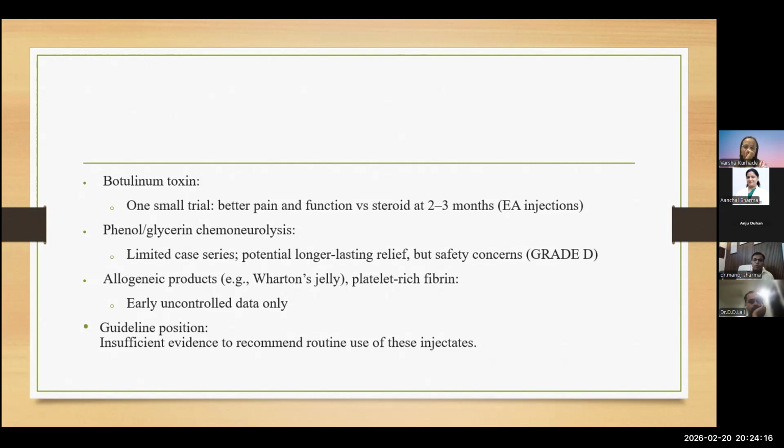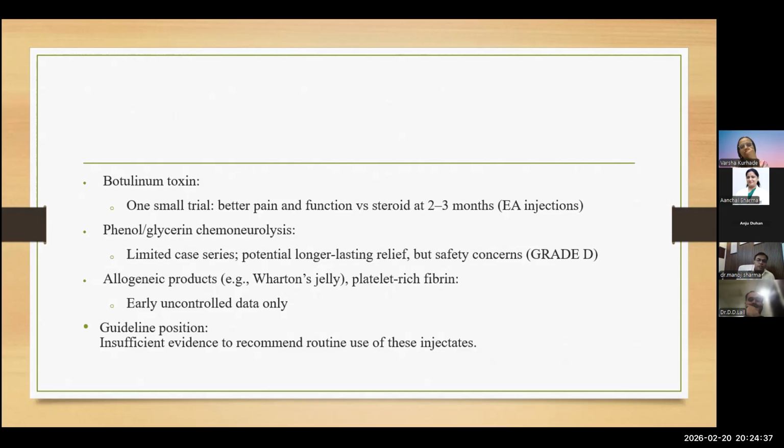For phenol or glycerol chemical neurolysis, there is a very limited case series, and this should be avoided because of the potential side effects and safety concerns. That's why it has grade D evidence.